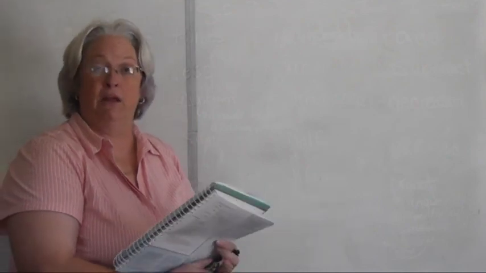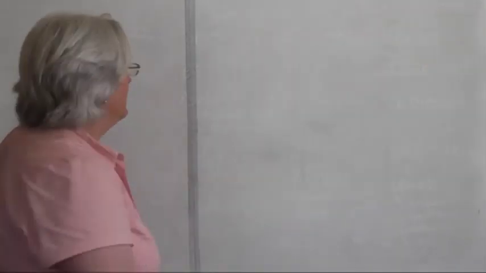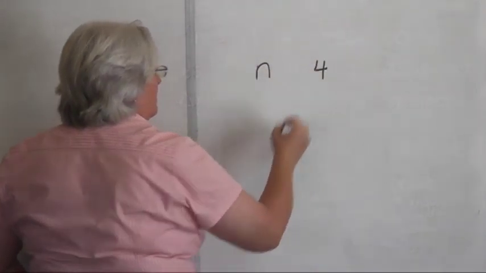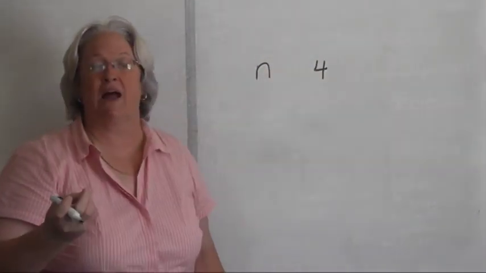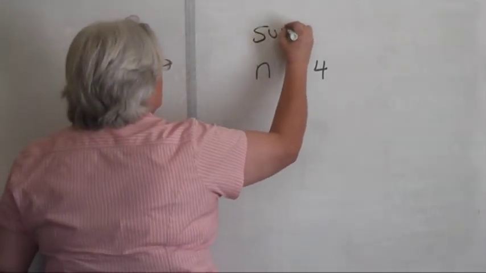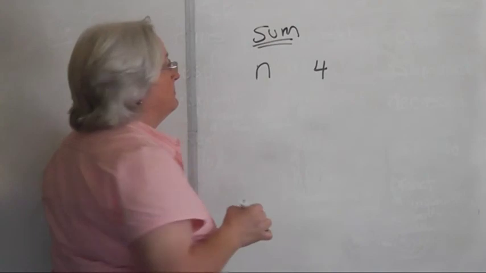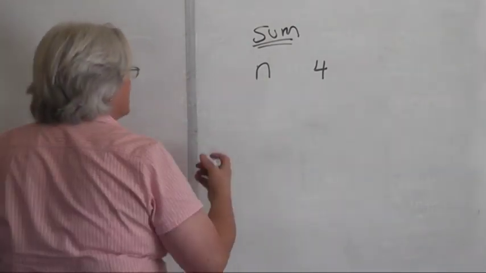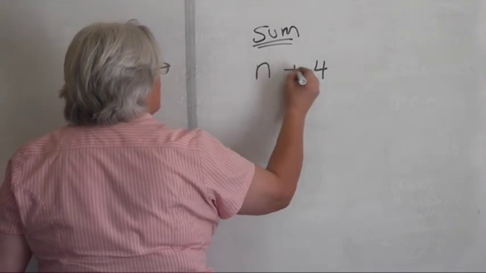We have just a very brief couple of examples here. This says the sum of n and 4. How would you write that? Well, we have n and we have 4. We're asked to do the sum of n and 4. What is sum? Sum is the solution to an addition problem. So we're going to add those together.